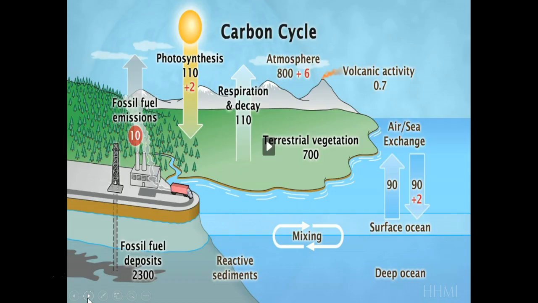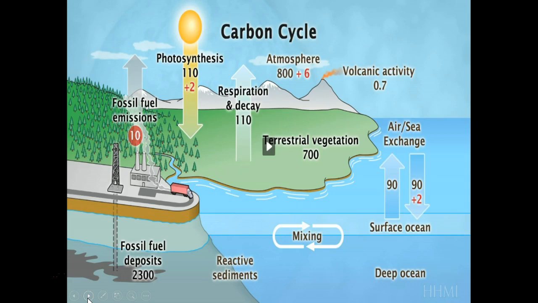Now, since the Industrial Revolution, since about the 1700s, humans have sort of upset the balance of the amount of carbon dioxide in the atmosphere. Right? We had a balance for millennia, where this little chart here shows you the amount of carbon that goes up in the atmosphere and the amount of carbon that leaves the atmosphere.